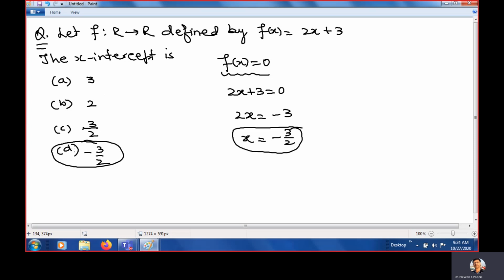Clear? Similarly, we can ask a question for y-intercept. Similarly, what is the domain of f(x), some function they will write, or they will write linear function. What is the domain? What is the range? How to draw the graph? Understand? So these types of things generally we ask here.